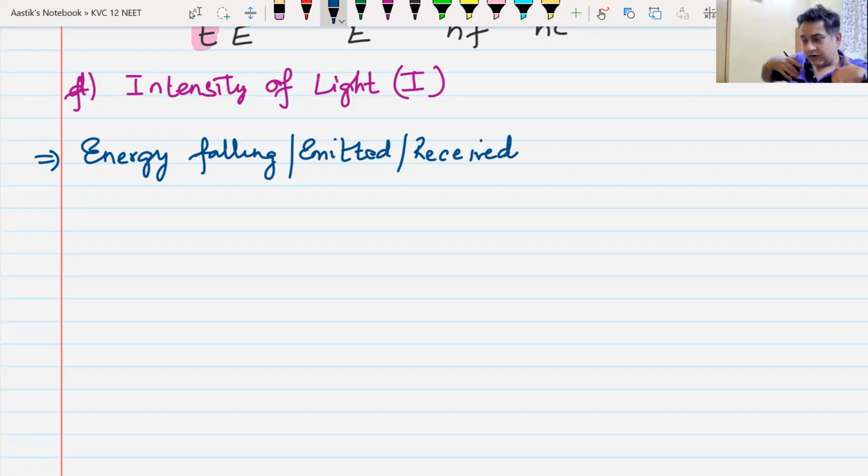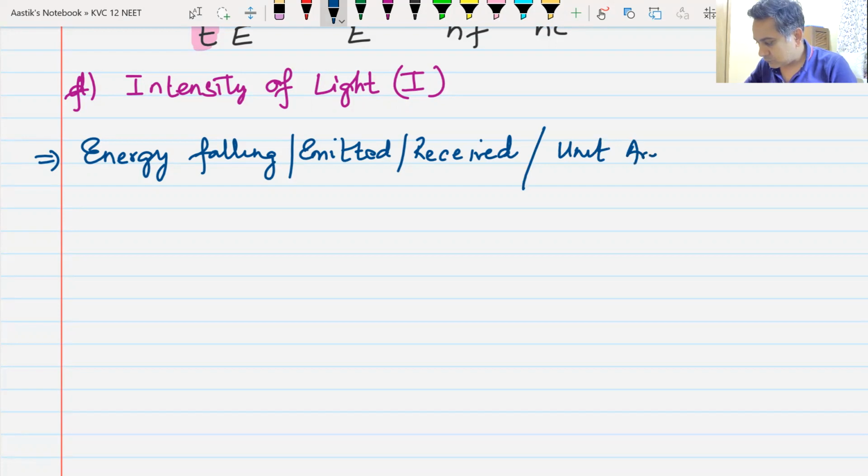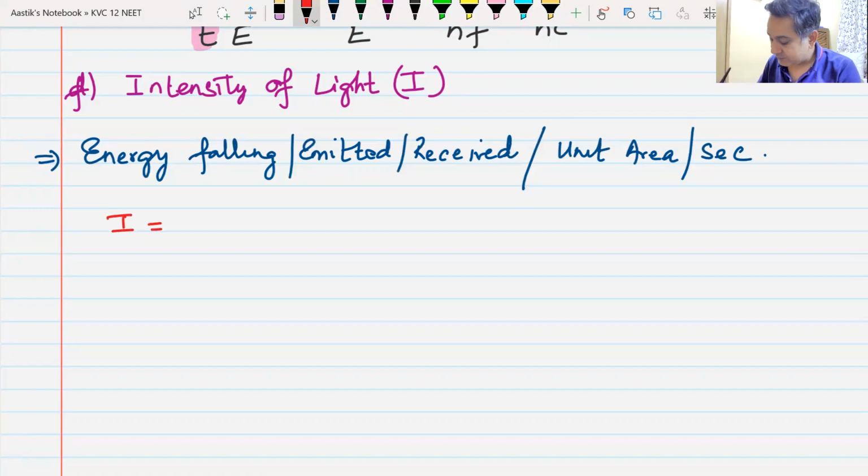Energy can be falling on a body. Energy can be passing through a body. Whatever. Energy falling, emitted, or received per unit area per second is known as your intensity. So I can write the formula of intensity, energy U per unit area per unit time.